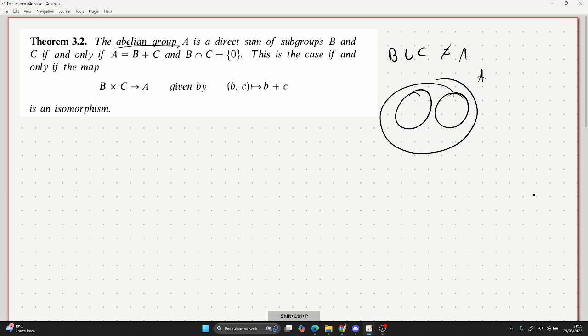So in this case, there are some elements of A that you can't reach by combining B and C. And you're going to ask why we actually can't do this.